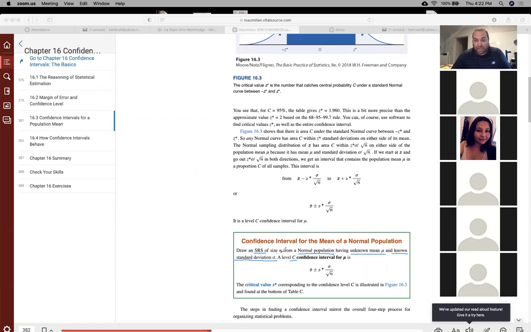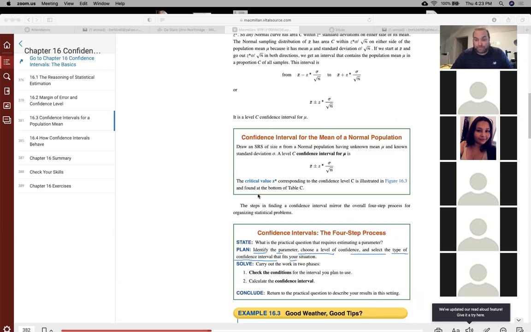So they've got to give you n, the sample size. They have to give you sigma. They have to give you the confidence level. From that, I can calculate the margin of error. And either they give you X bar or they give you the data itself from which you can find X bar. But they've got to give you enough to actually solve this problem. Otherwise, you can't really do anything.